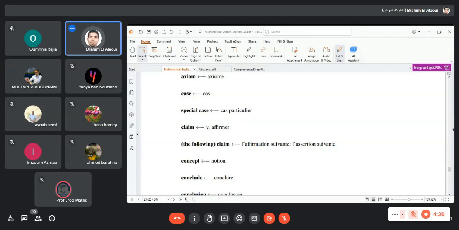So natural numbers are just 1, 2, 3, etc., and the whole numbers are 0, 1, 2, 3, etc. Okay. I think they're called integers too. No, for integers, it's les entiers relatifs. Okay.